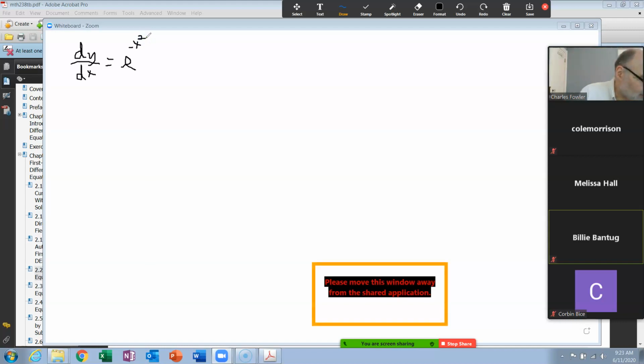Okay, e to the minus x squared. And you're given an initial condition of y at 3 is equal to 5.